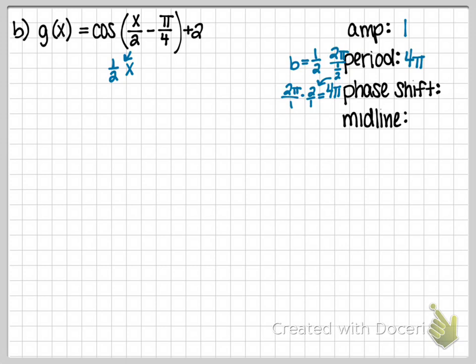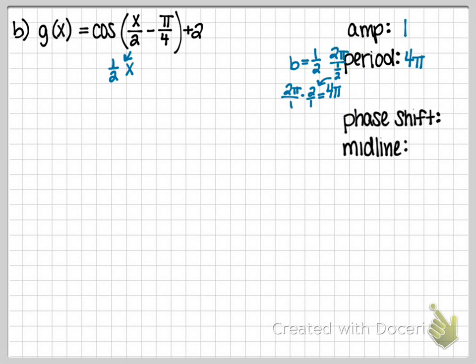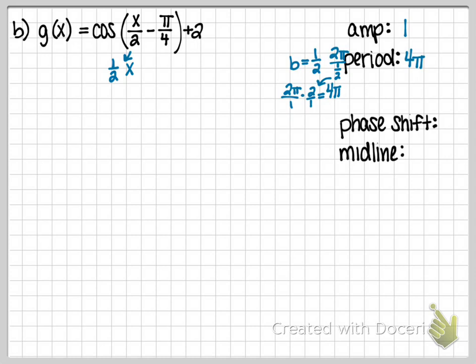We'll move phase shift down a little bit so we have some more room. Phase shift is negative c over b. So the opposite of c is going to be positive pi over 4 divided by, my b value is 1/2. I'll move midline down too.